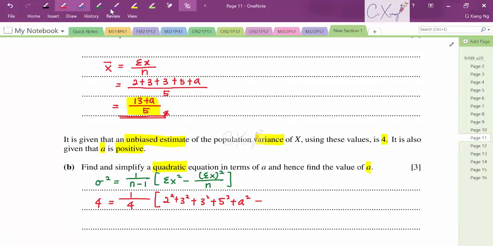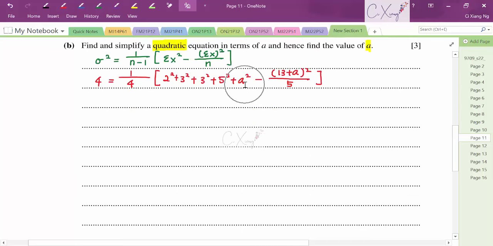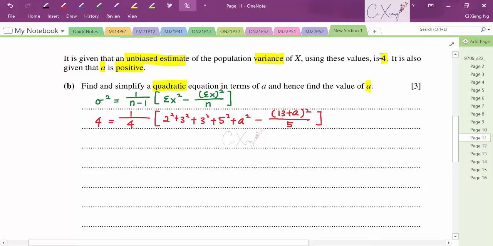The summation of x is 13 plus a. Therefore, I take 13 plus a and square it, divided by n, so divided by the number of data. By right, this is another equation that we can get from the information provided here.